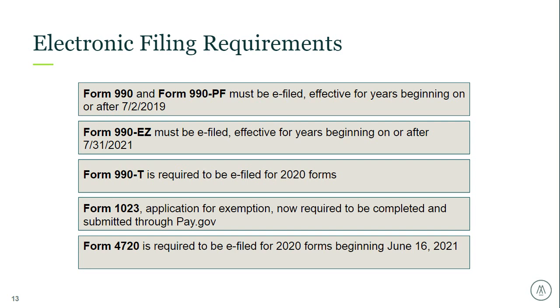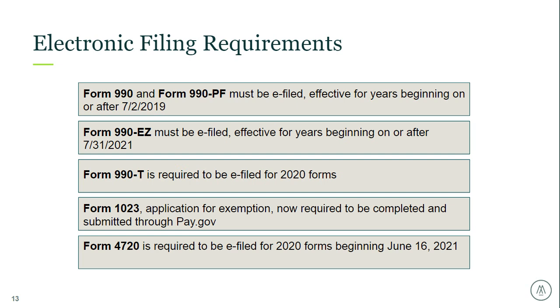For 990s and PFs, this e-filing requirement is effective for organizations with tax years beginning on or after July 2nd, 2019. For the EZ, this e-filing requirement is effective for organizations with tax years beginning on or after July 31st, 2021. For the T, all 2020 forms need to be e-filed as of March 15th, 2021.